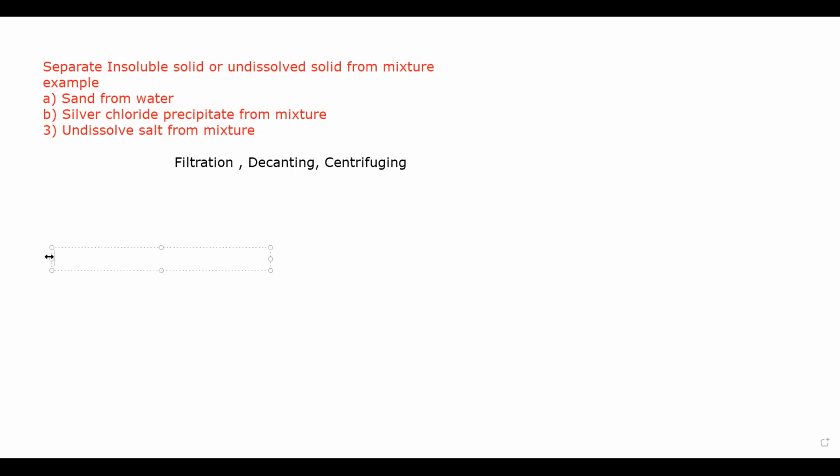In the same way, if we want to separate a soluble solute from a solution, for example, sodium chloride from aqueous sodium chloride. Aqueous sodium chloride means sodium chloride solution.